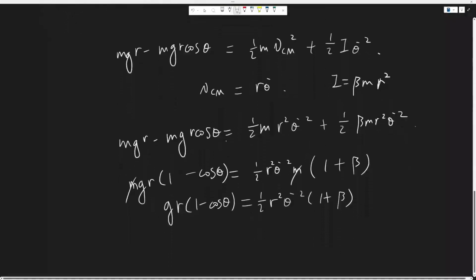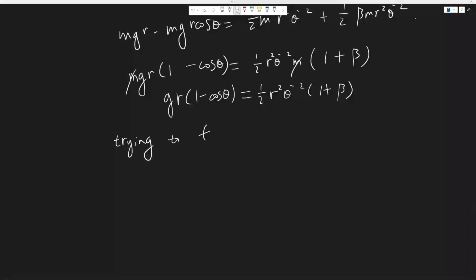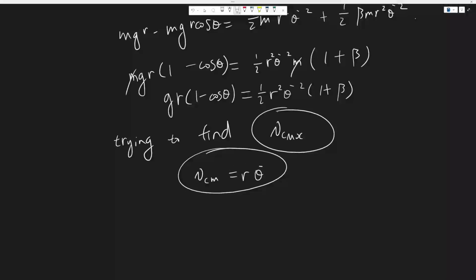And remember what we're trying to find here. We're trying to find the horizontal component, so let's write it as VCMX, the expression for this. So we need VCM in this expression. Remember that we said VCM equals r theta dot, so we have it here.